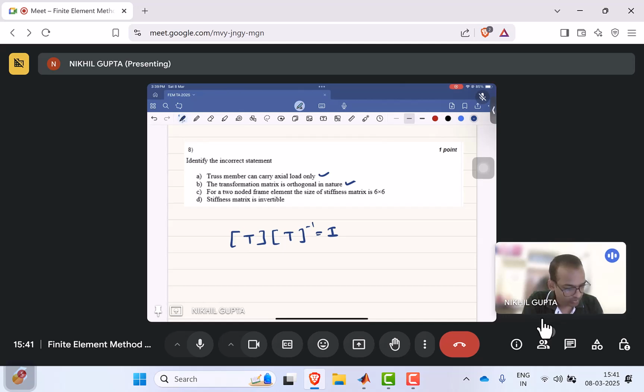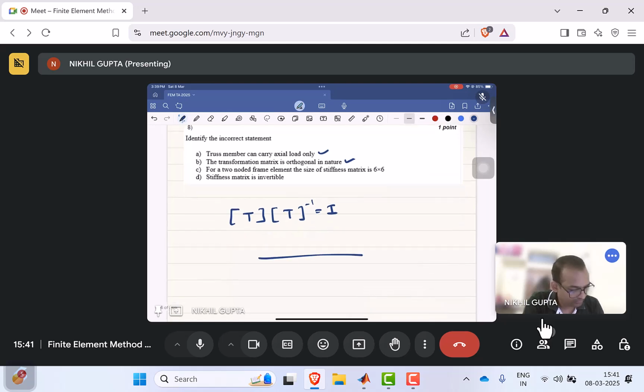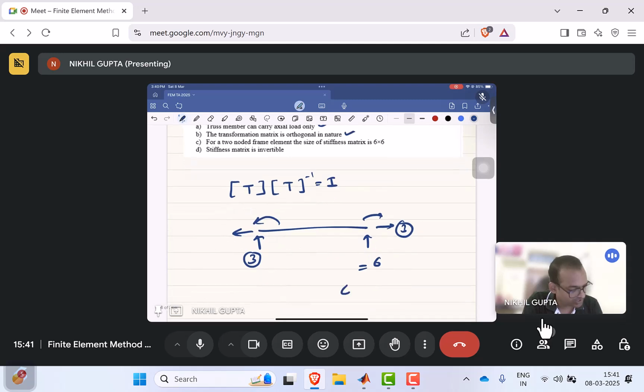For a two-noded frame element, the size of the stiffness matrix is 6 by 6. A two-noded frame element has 3 degrees of freedom at each node, so 3 plus 3 gives a total of 6. So you get a 6 by 6 matrix. This is also correct.